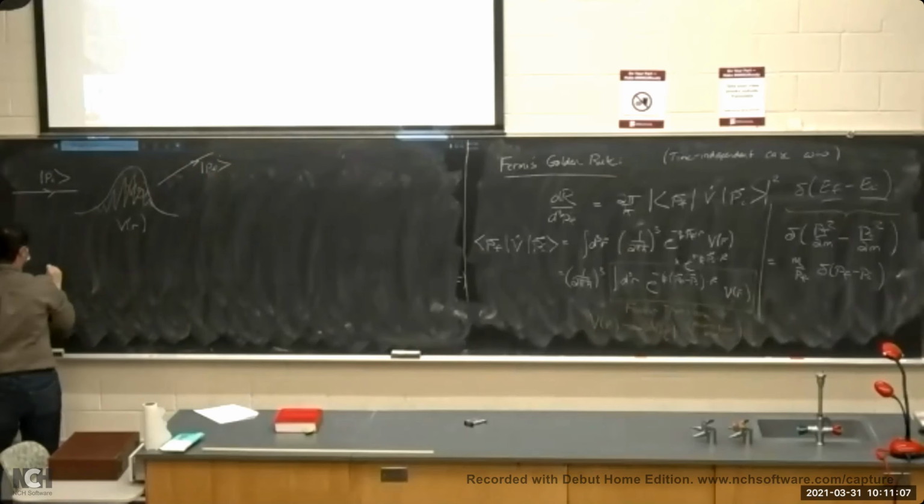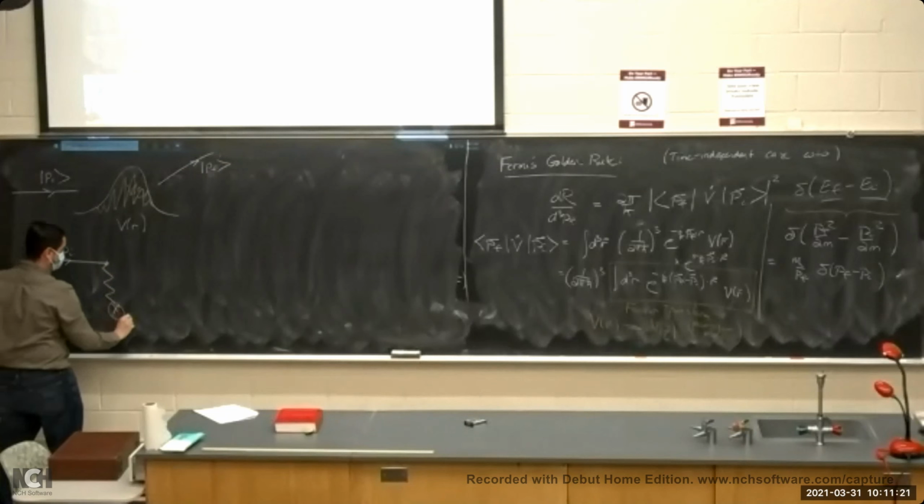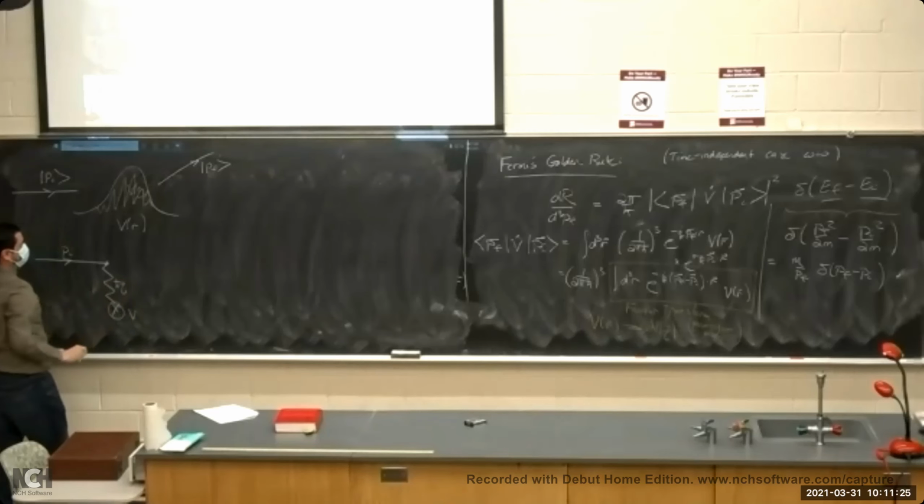So another way to represent this is to say I had a particle coming in with momentum P initial. It interacts exactly once with the potential at first order in perturbation theory. So I'll draw a zigzag line and a cross describing the insertion of the potential. So this is my V, and momentum h bar q is coming in from the potential.